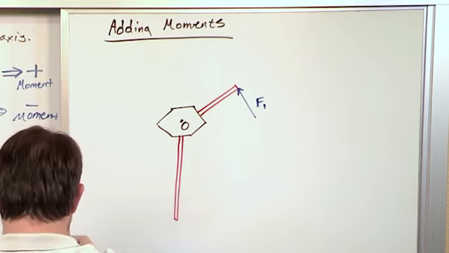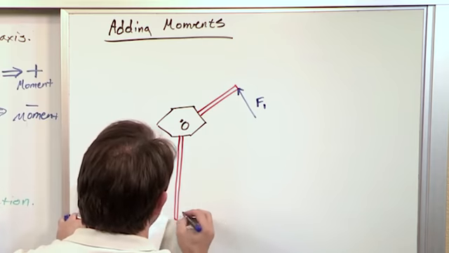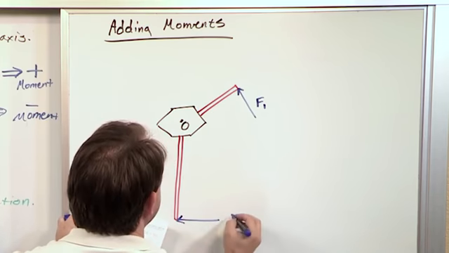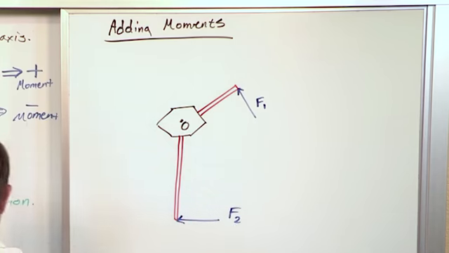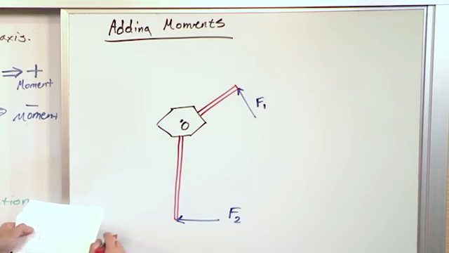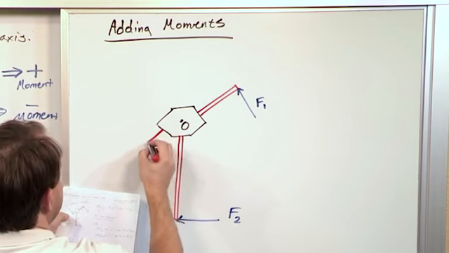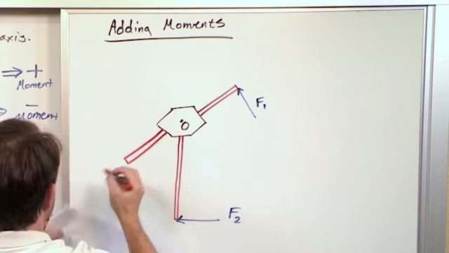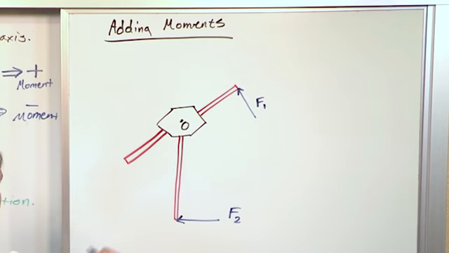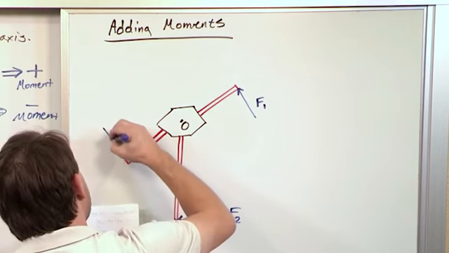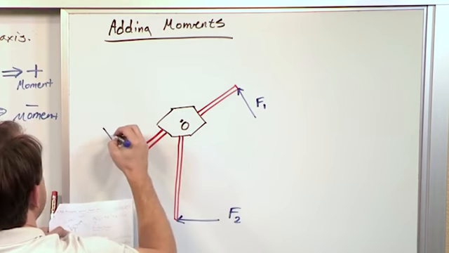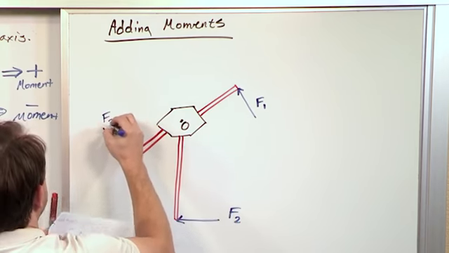And this guy has a force acting this direction, and I call this guy F2. And then just to make it clear, I have another guy, some intermediate length over here, some piece of steel I weld onto there, and there's a force going down like this, and I'm going to call this guy F sub 3.